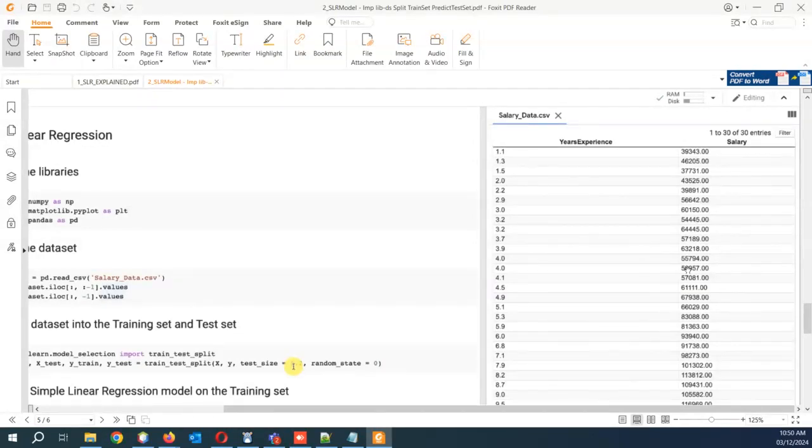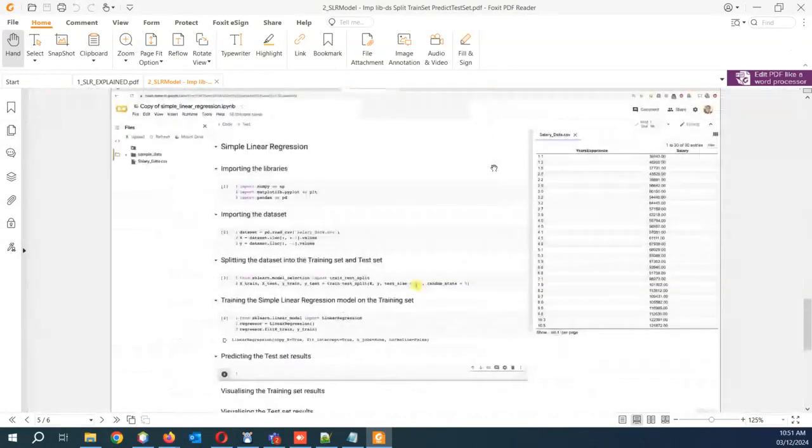And the model will answer that. You will not answer that. You will train the model. You will say, hey model, I'm giving you these sample salaries. Train yourself and give me the predicted salary of somebody who has 3.1 years of experience. We will learn how to do that. But for now, I just wanted to give you a heads up that nothing is lost here.